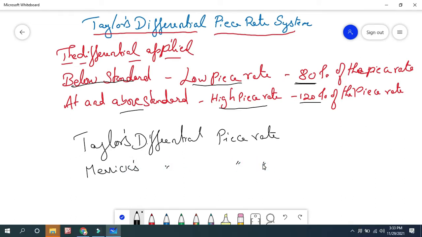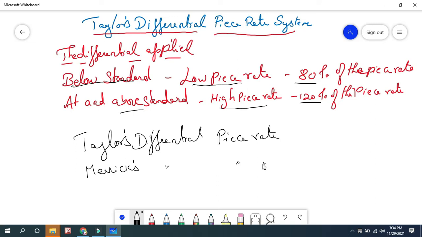According to F.W. Taylor, a standard output is fixed based on time and motion studies. The efficiency of the workers is determined by comparing the actual output with the standard output. This differential piece rate system consists of two different rates for the same job.